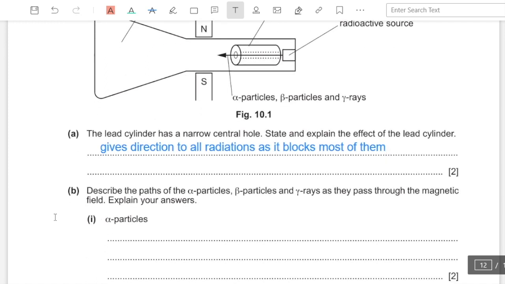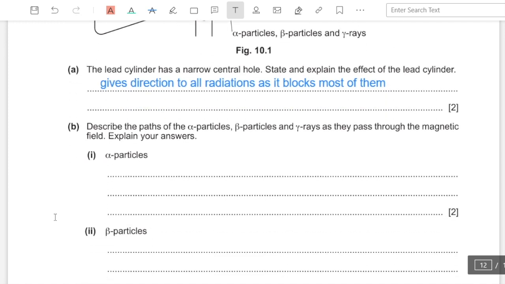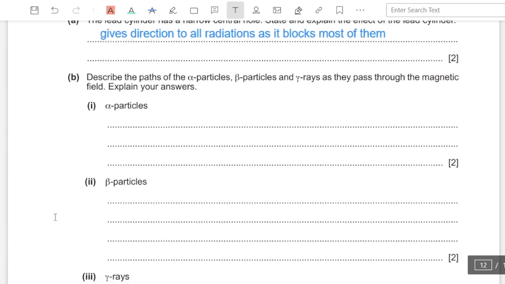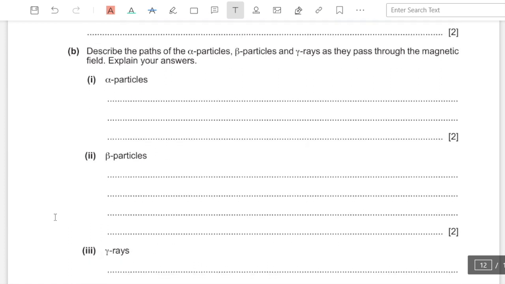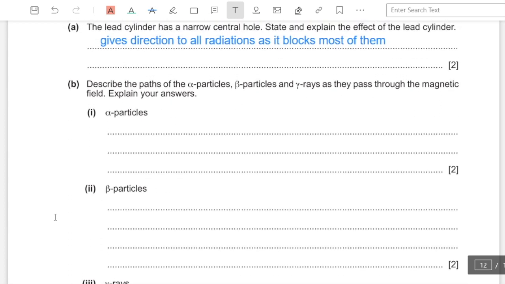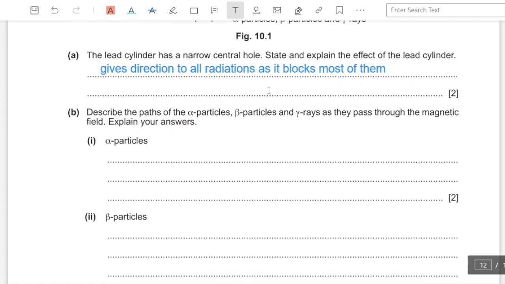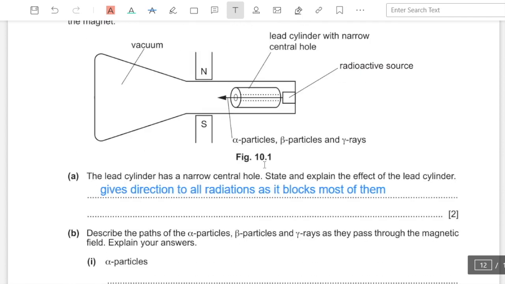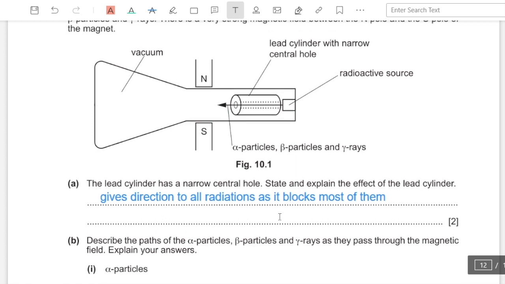B. Describe the paths of alpha particles, beta particles, and gamma rays as they pass through the magnetic field. Explain your answers. So the paths depend on their charges. Using Fleming's left-hand rule, you should start by having all of your fingers being perpendicular to each other, which means your thumb, your pointer finger, and your middle finger being perpendicular to each other.